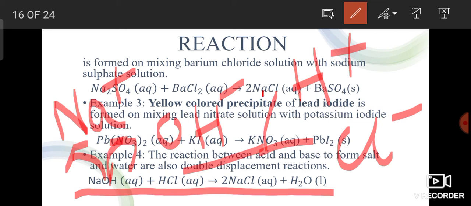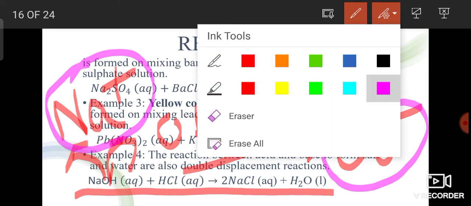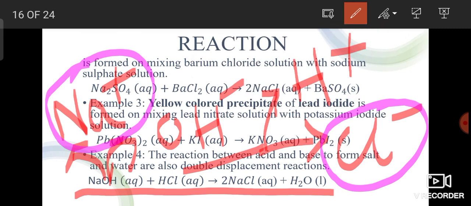Again the same thing will happen, that is exchange of ions. So sodium ion, which is the cation from reactant 1, will combine with the anion from reactant 2, which is chloride ion. And the cation from reactant 2, which is H+ ion, will combine with the anion from reactant 1, which is hydroxide ion.